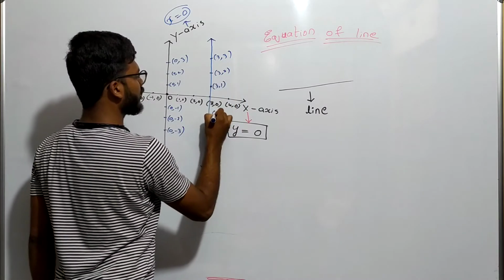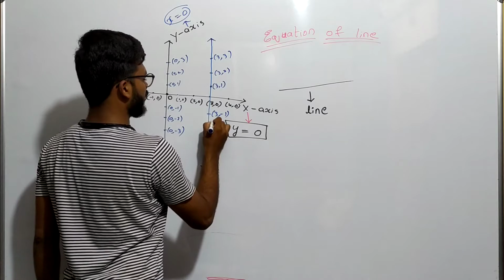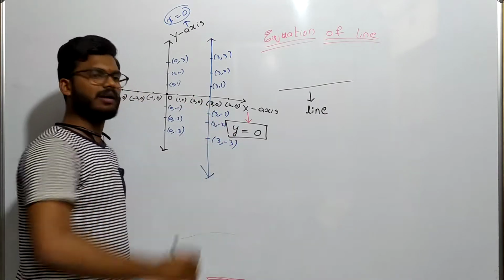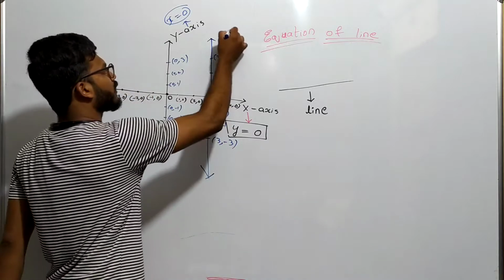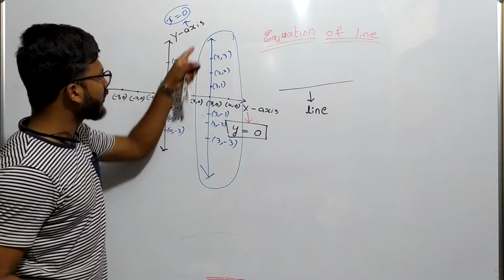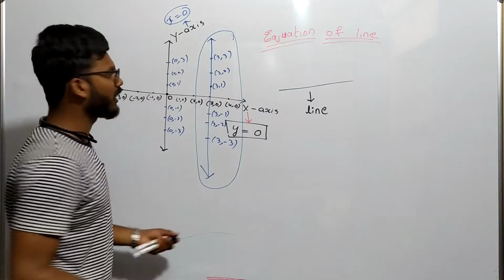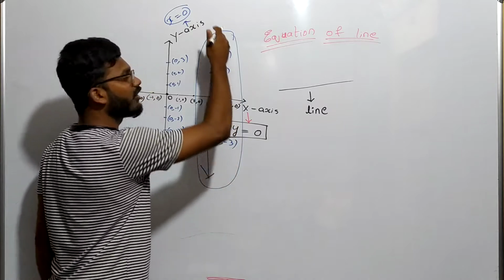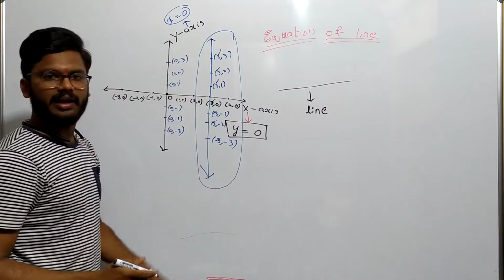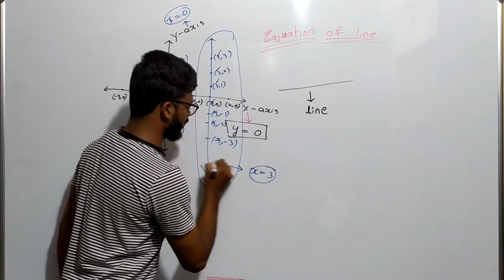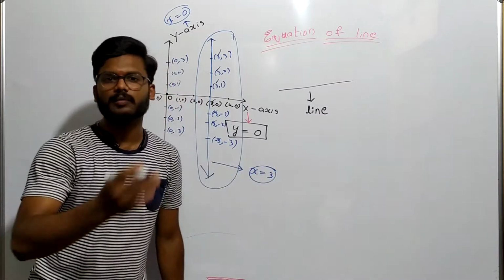Here also 3 comma minus 1, 3 comma minus 2, 3 comma minus 3, like this. So the general quality of all the points on this line is what? X coordinate is 3, right? Whatever the point you take on this line, you will get x equal to 3. So the equation of this line is x equal to 3.